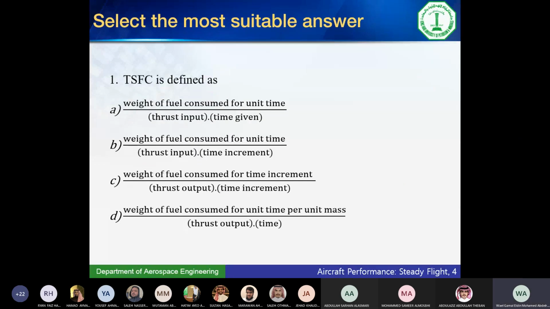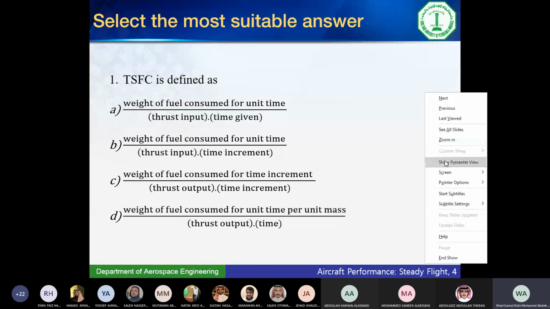Let's try the next one. Oh, there is a raised hand also. So, Mohammed Samir, do you have a question? Oh, okay. So question number 2. Thrust specific fuel consumption.